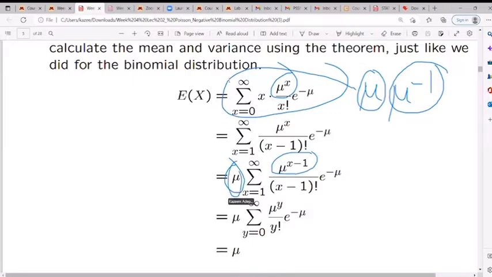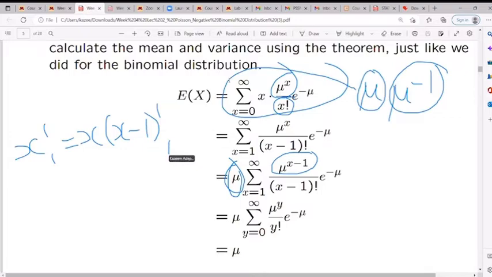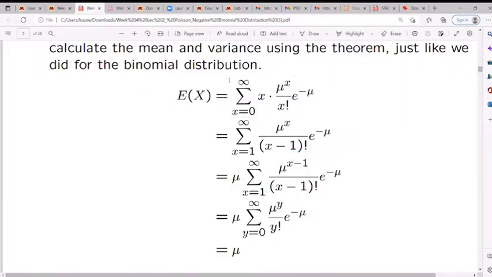Take a look at that. And if you take a look at the x factorial, you remember the other time I said x factorial is equal to x times x minus one factorial. When I put that, the x here is going to cancel the x there, and the only thing you're going to have left is x minus one factorial. Now take a look at that. This is where we are now.